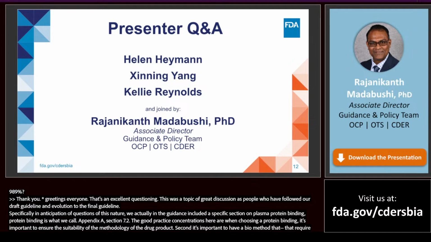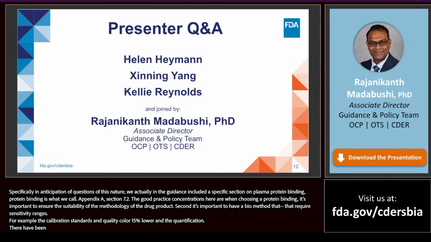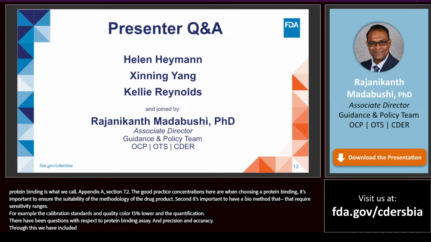For example, the calibration standards and quality controls at 15% level and the lower limit of quantification around 20%. Now, there have been questions with respect to protein binding assay and its precision and accuracy, and to this end, we have included several references which have at a very high level informed our thinking in this process that could be referred to.